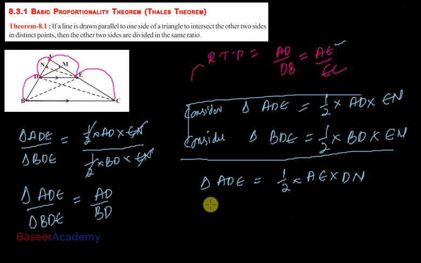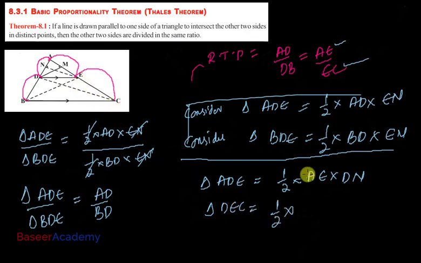Next, I will consider triangle. What is the side that we have here? EC. EC is forming this triangle here, DEC. So the side EC is part of this triangle DEC. Again, the area should be half base into height.